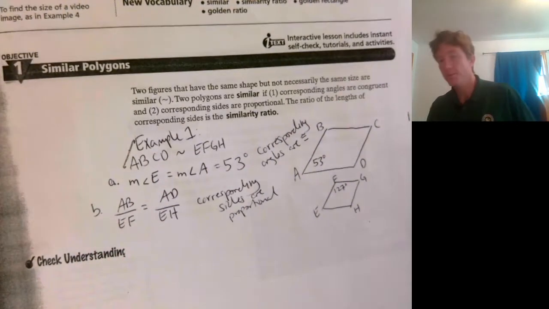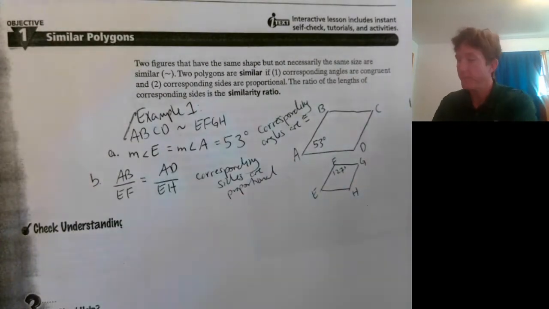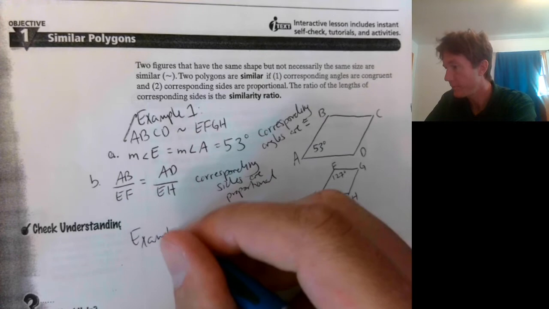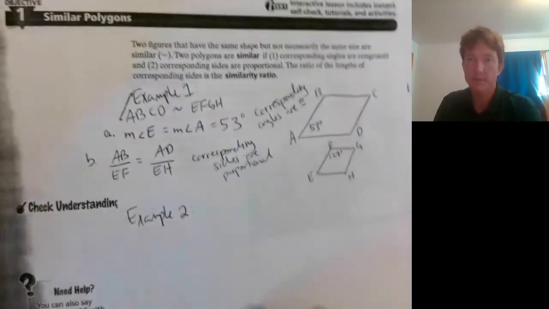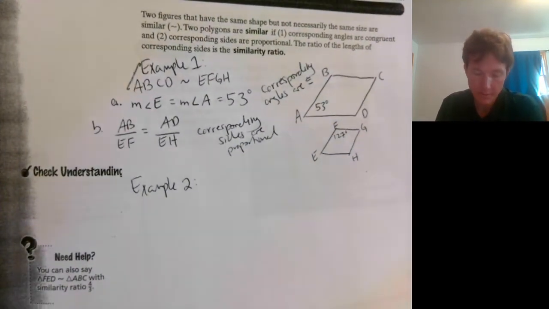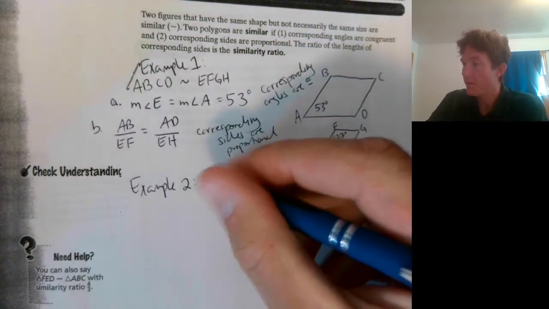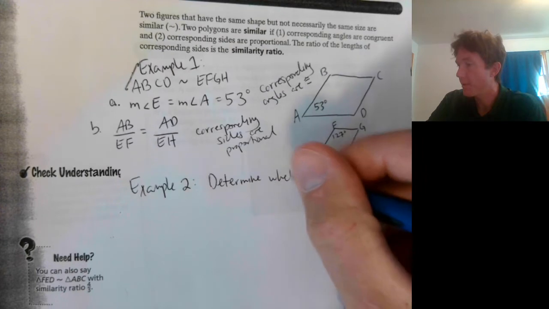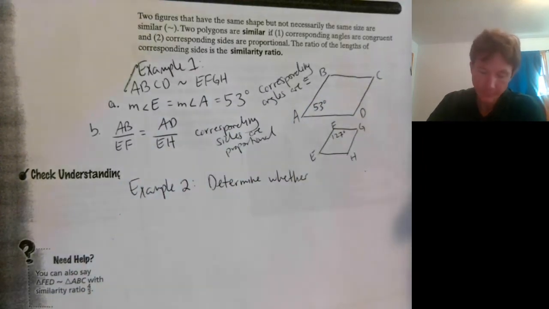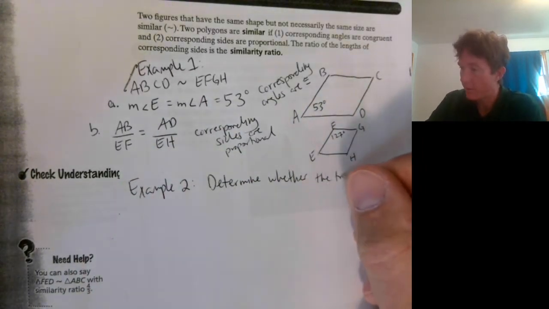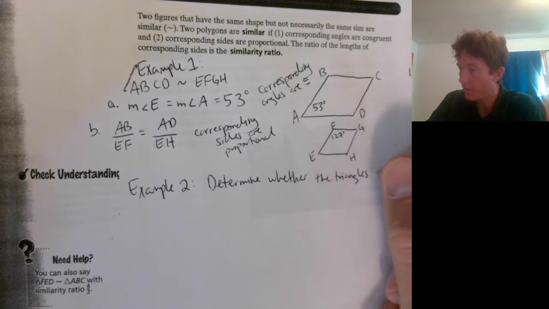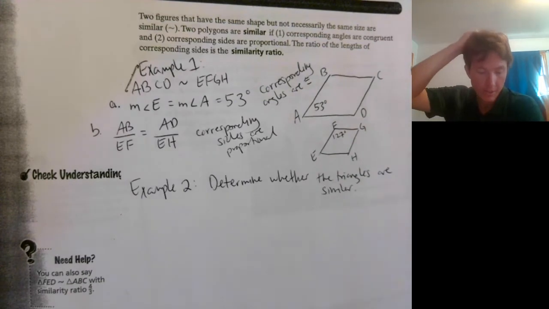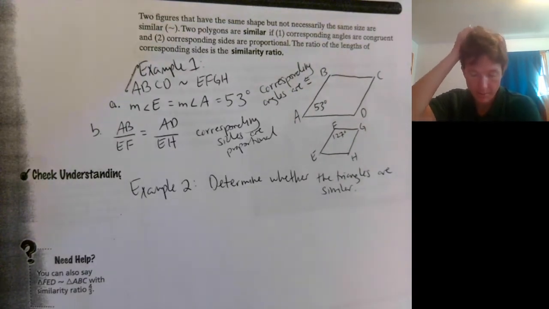Okay, let's do another example. With this one, we'll actually throw some numbers in there for the corresponding sides. So we want to determine whether the triangles are similar. If they are, write a similarity statement and give the similarity ratio.